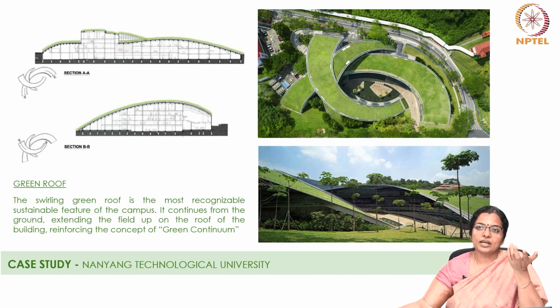The swirling green roof is the most iconic sustainable feature of this campus. It starts from the ground and extends the field up on the roof to the building, reinforcing the concept of green continuum.